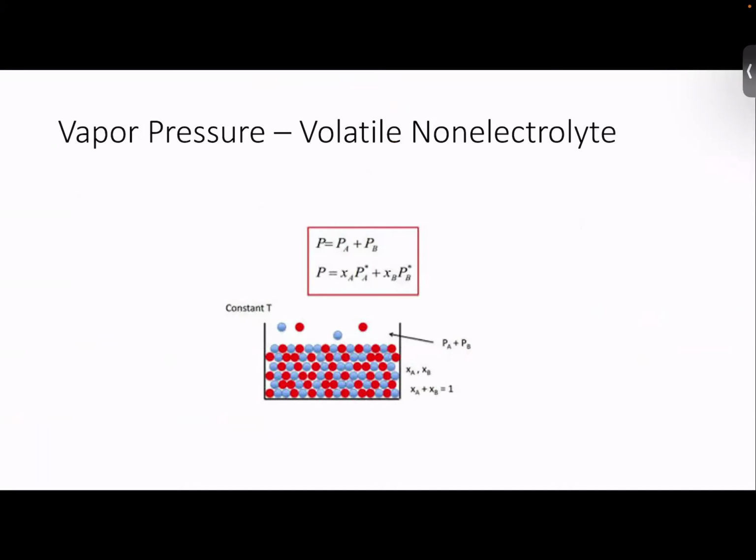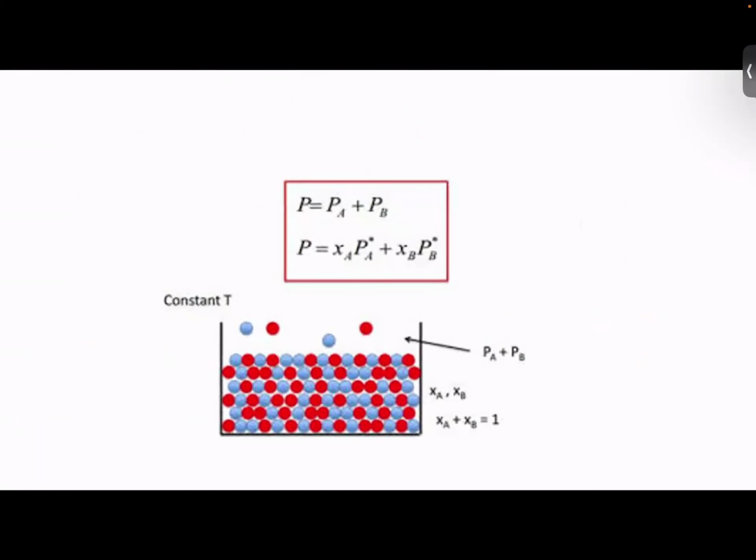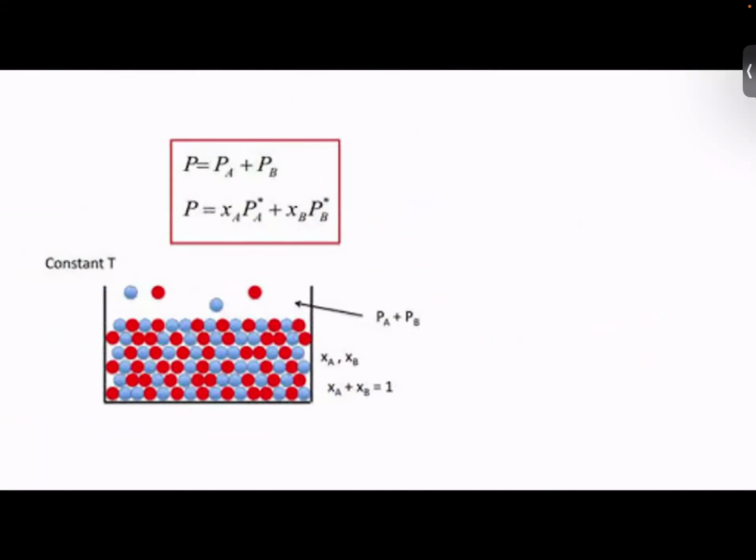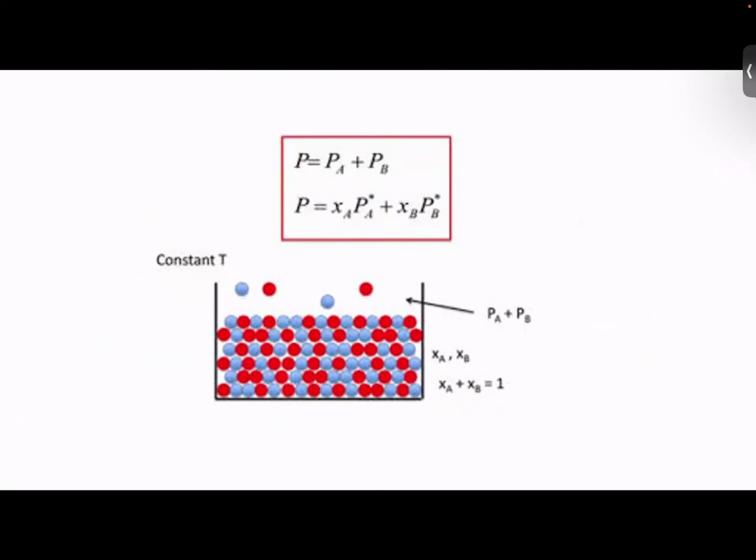Now, that was a non-volatile solute. Meaning, given the word non-volatile, none of the solute goes into gas phase. The next piece of information deals with a volatile solute. Volatile would mean that the solute goes into gas phase.